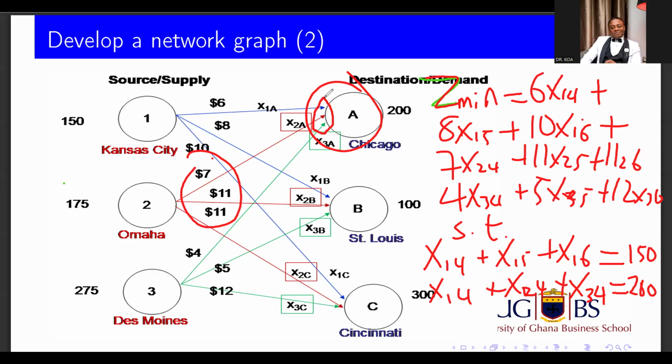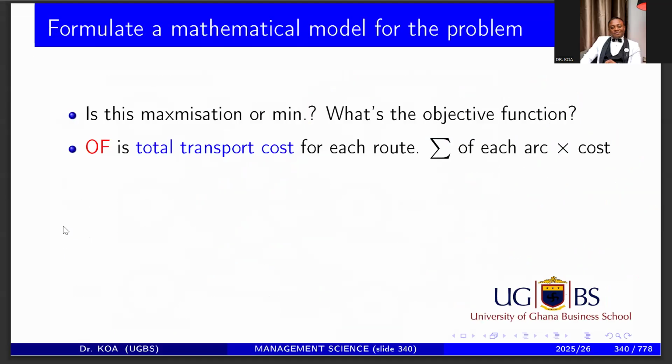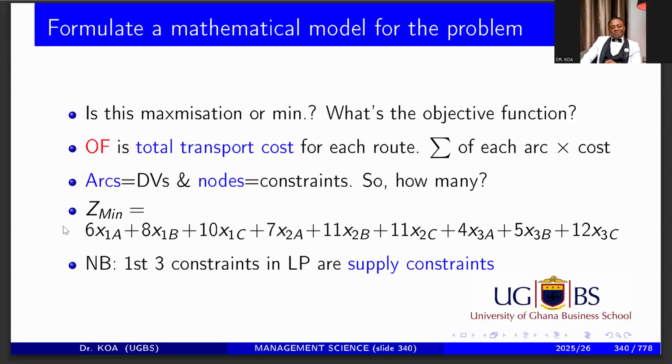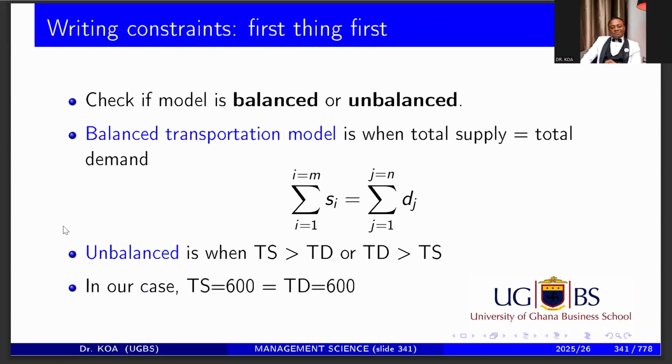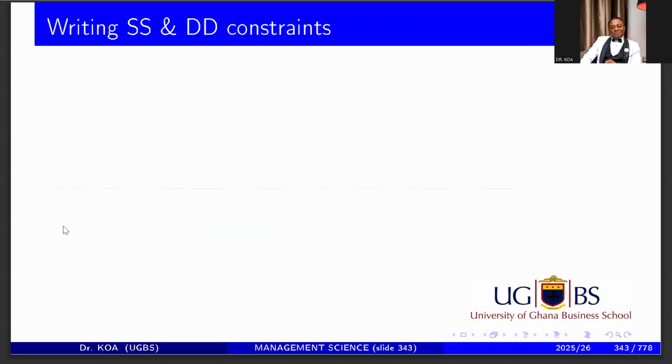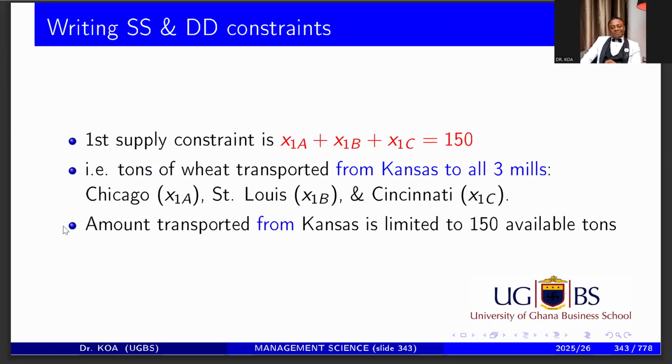So this is how you write it, and then you can formulate each of these constraints. Because you have already identified that it's a balanced transportation model, you know you're going to have equality all through. So this is the balanced transportation model: the total supply equals the total demand.